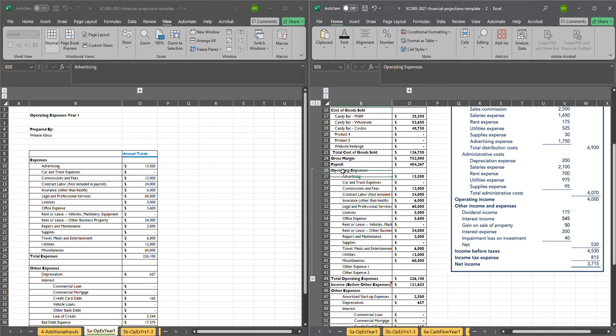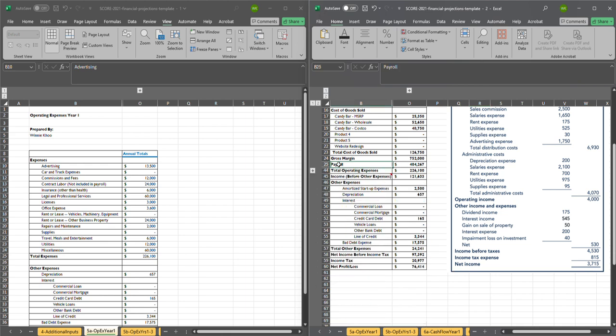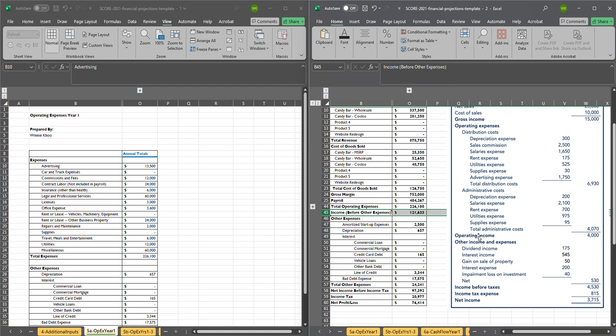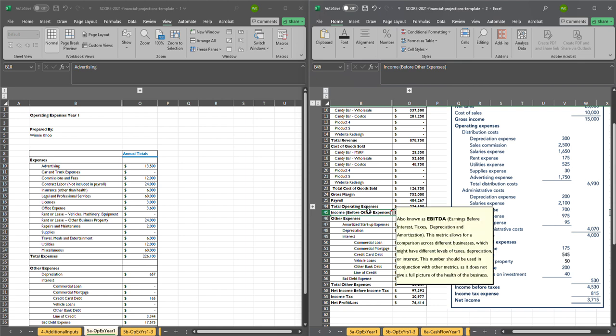And then with the total operating expenses, once you have all of those, we come to our next major metric. So we have another subtotal here, which is operating income or the income before other expenses.